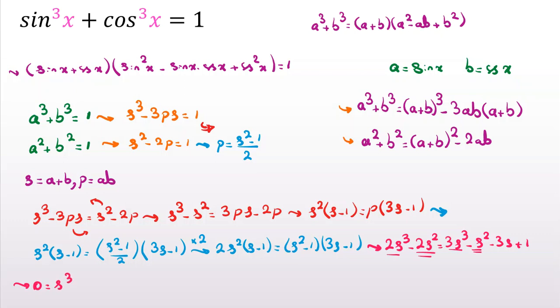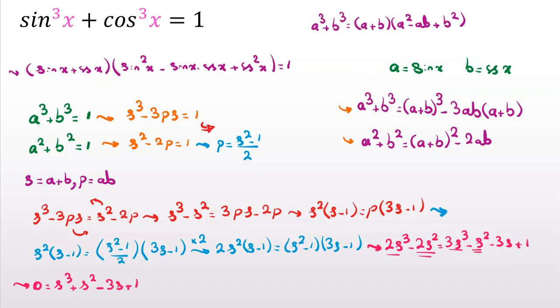Negative 2s squared to the right side, 2s squared minus s squared is s squared. And negative 3s plus 1.